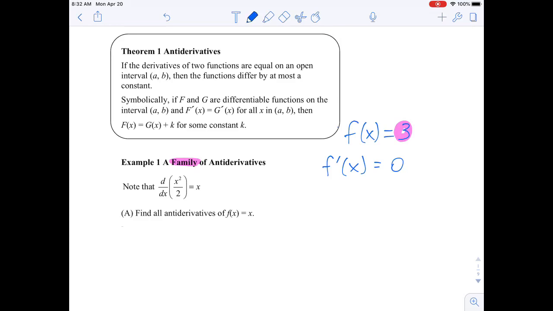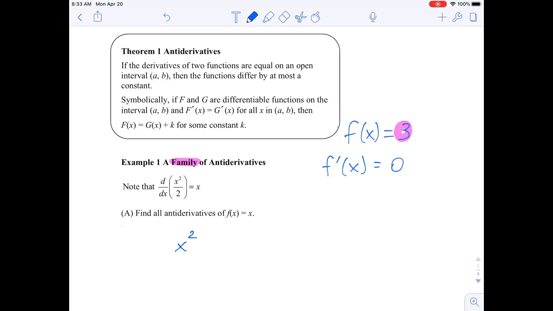So you're working backwards. So find all the antiderivatives of x. Well, you have to think of what can you take the derivative of that will equal x. So what happens is where we used to subtract 1, we add 1.